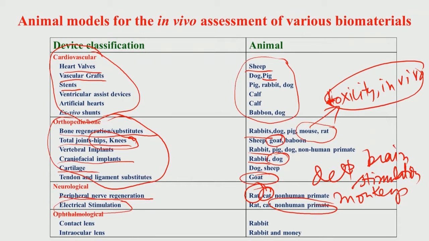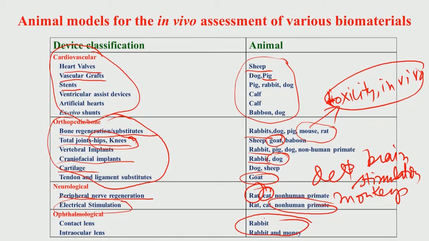The fourth one is ophthalmological applications like contact lens, PMMA for example, or intraocular lens. There people use mostly rabbit model. So, overall, if you see, smaller animal models like mouse and rat are used more for toxicity in vivo study, but for the cardiovascular applications researchers prefer to use large animal models like pig and sheep.